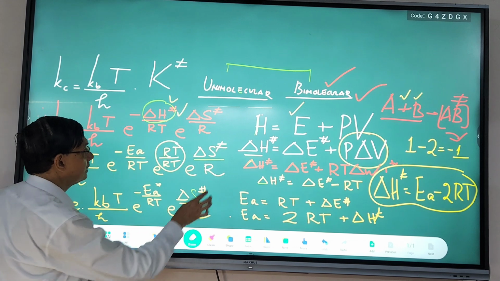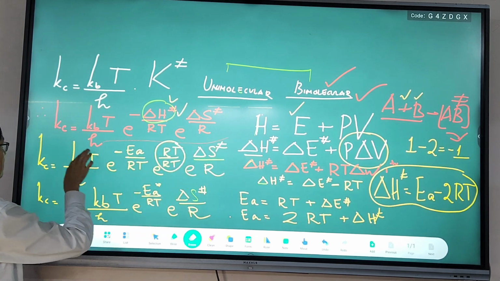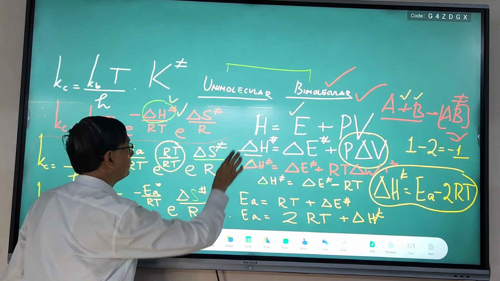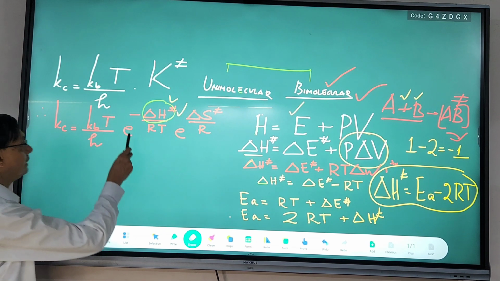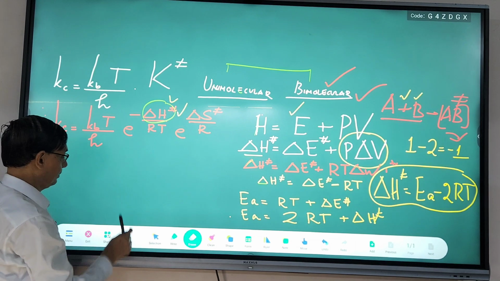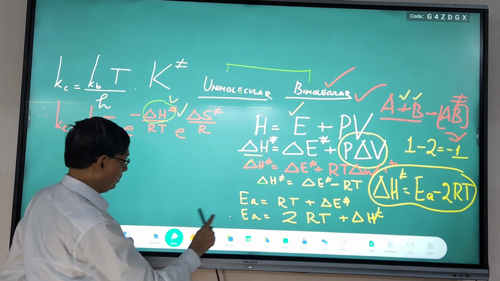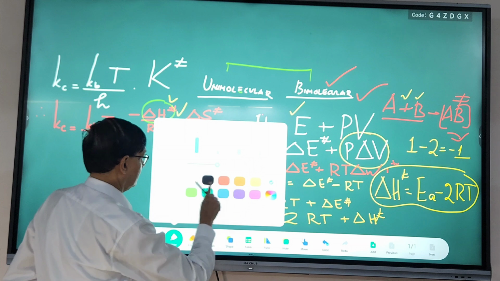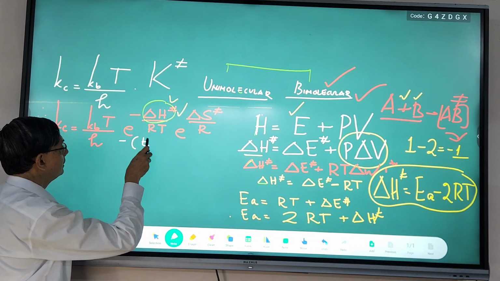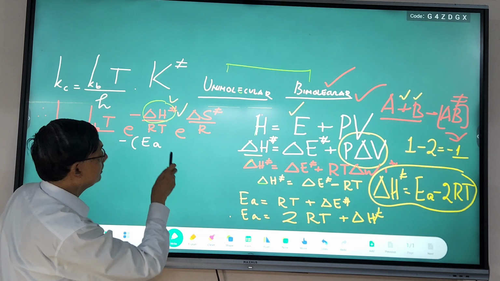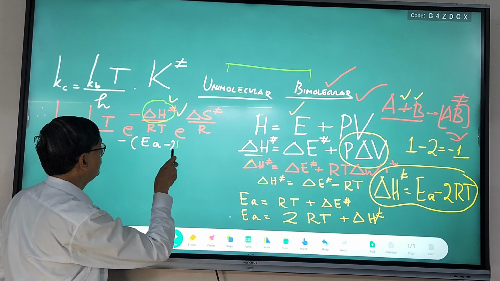So I must remove all these things. So in place of delta H, I can write here minus EA minus 2RT.